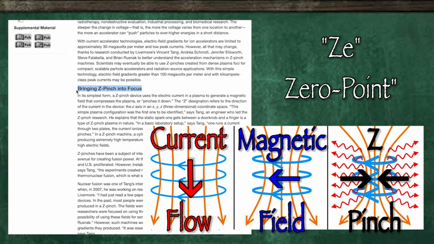Z is the 0 designation and axis indicator point of a Z pinch that occurred in the Cataclysm. The purpose of Zeus is to tell us that there was a Z pinch and to show us the direction of the current at the pinch, as we'll see in a moment.